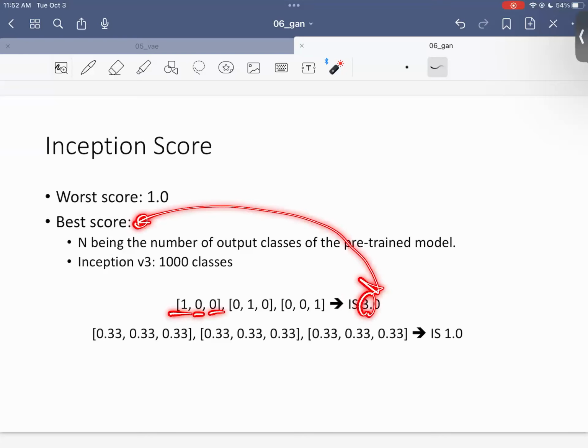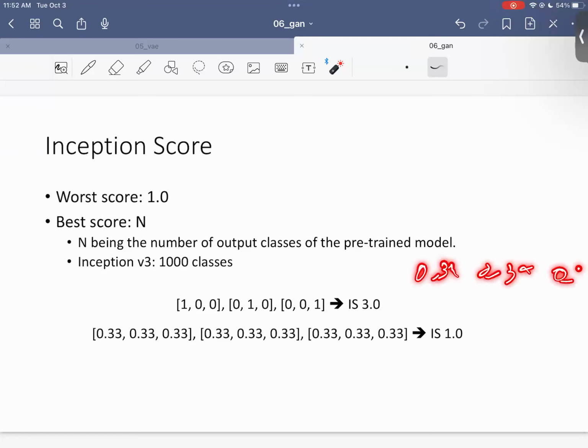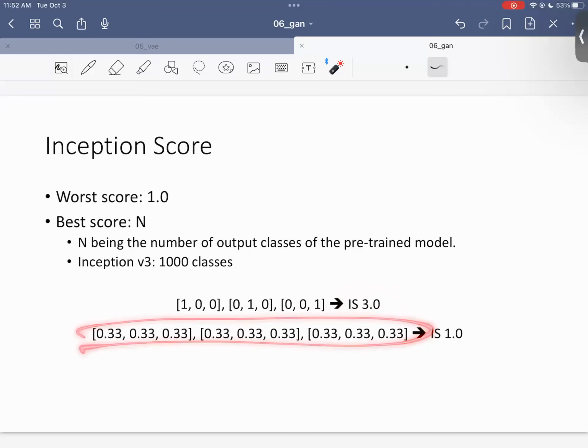You can see that for each image, low entropy, but when you marginalize, you get 0.33, 0.33, 0.33, so this is high entropy. That is when you get an IS of 3.0. If you get this example here, then this is the worst possible case.